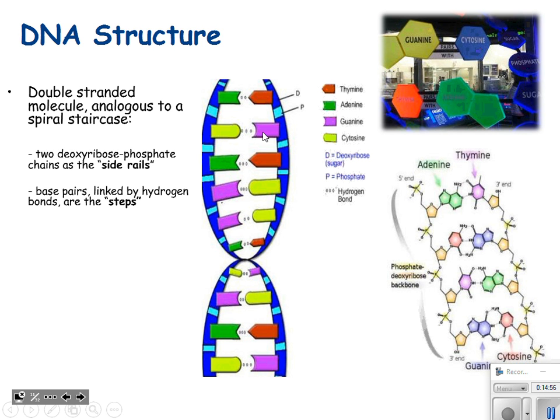Typically, you're going to see those abbreviated A and T, C and G. Those are the steps, the bases. These little dots in between the bases are hydrogen bonds that connect the two different bases together.